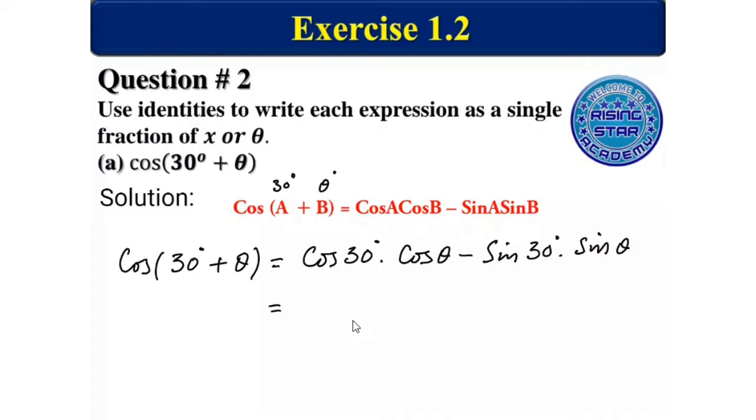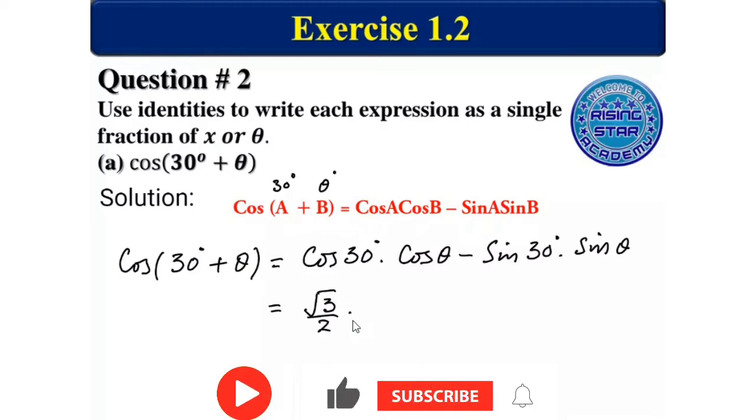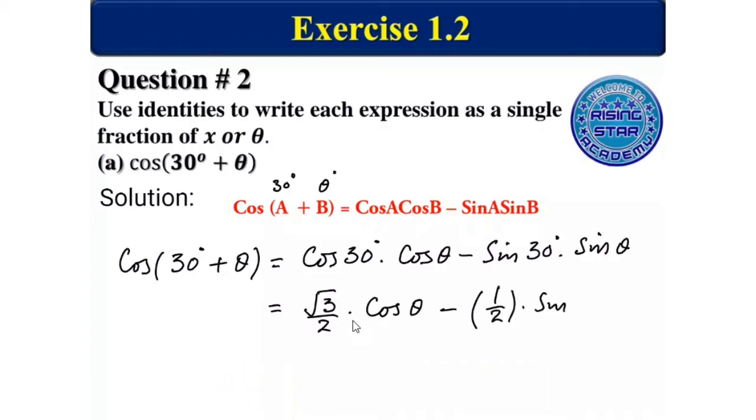The value of cos 30 by using the calculator is root 3 by 2, into cos theta written as it is. Sine 30 value is 1 over 2 and sine theta is written as it is. So that would be our final answer: root 3 by 2 cos theta minus 1 over 2 sine theta.